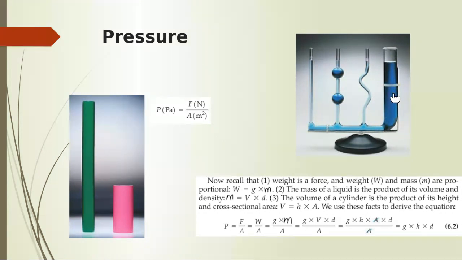The last one is wider than the first one, but the height is the same, the density is the same because it's the same liquid, and gravity is the same. So the pressure of the liquid in this picture is the same for all of these columns. Don't forget that.